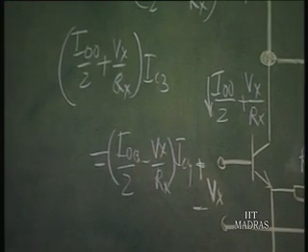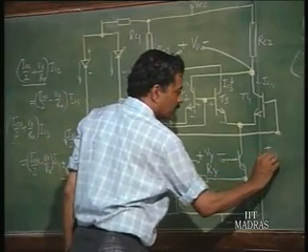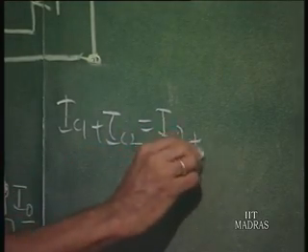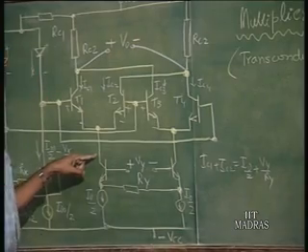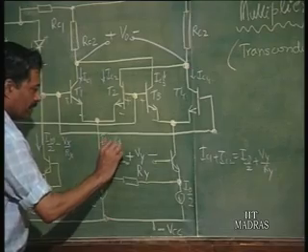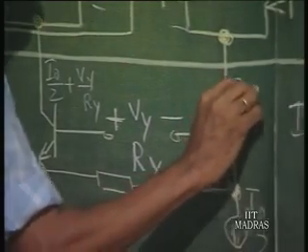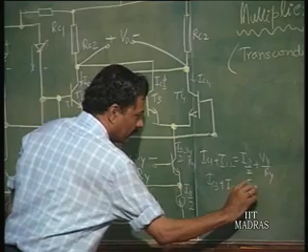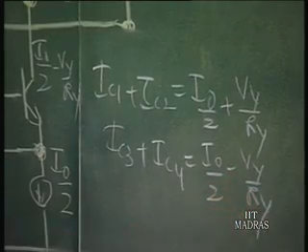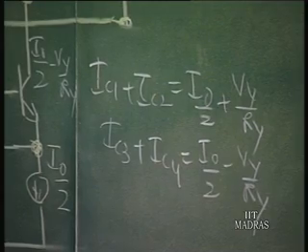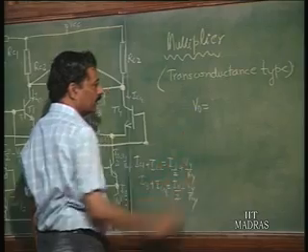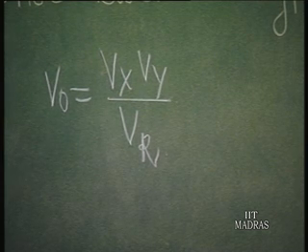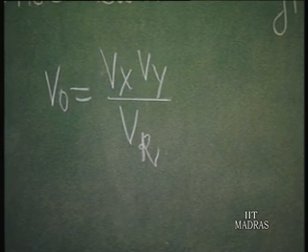Using this relationship and also the fact that IC1 plus IC2 equals I naught by 2 plus Vy by Ry, and IC3 plus IC4 is equal to I naught by 2 minus Vy by Ry, we could establish ultimately that V naught, the differential output voltage taken here, is going to be the product Vx Vy divided by Vr. So, this we had shown in the last class.